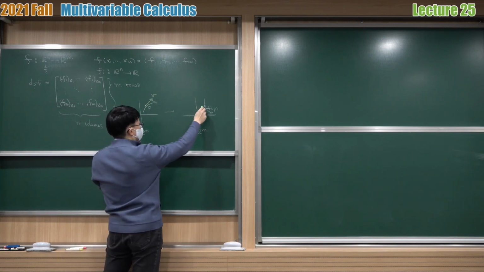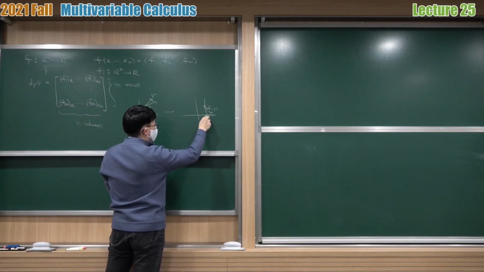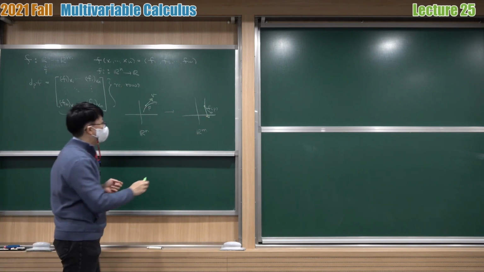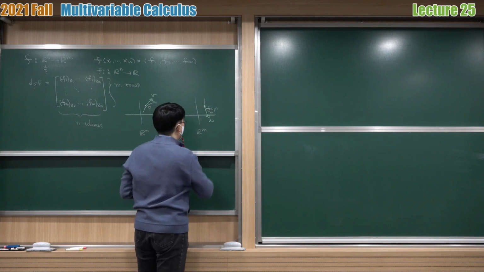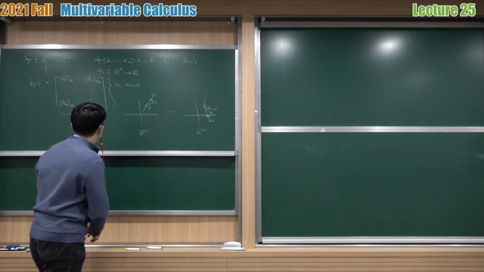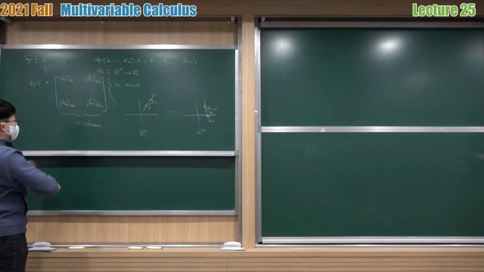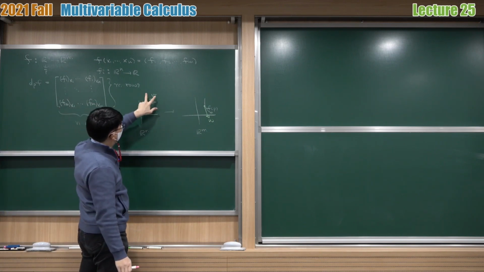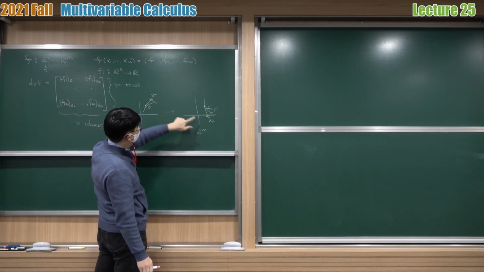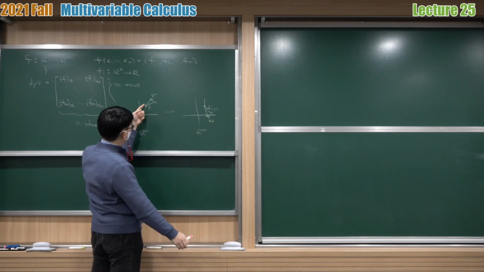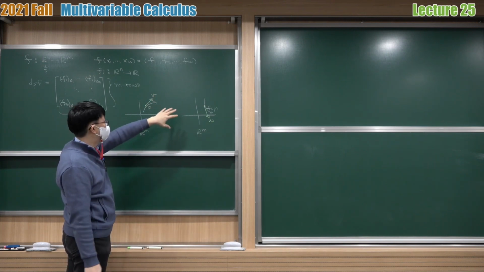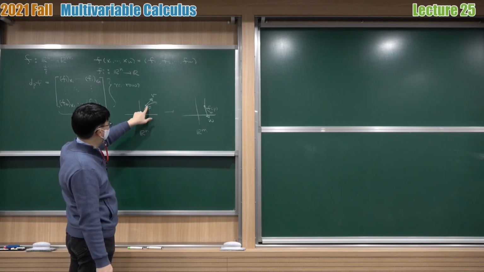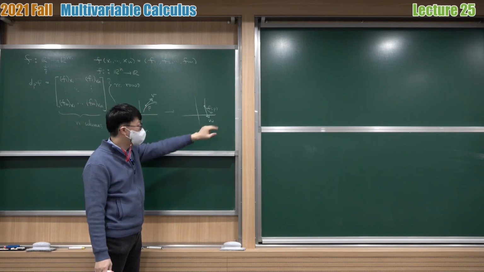It corresponds to the movement in the image space, and I will call it W. And the differential given as a matrix is a map which maps the V to the W. It translates the movement of the point in the domain space to the movement in the target space.